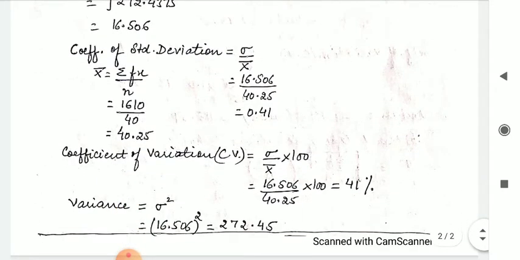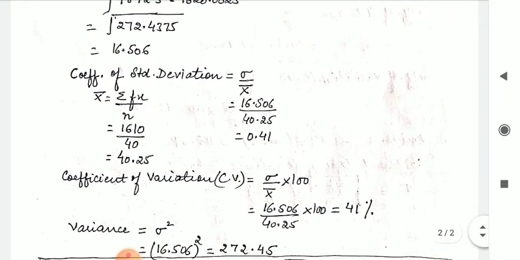Similarly, we can calculate coefficient of variation CV. Standard deviation over mean into 100. Putting the values, we get the answer 41%. Again, we can also calculate variance, which is equal to standard deviation square. So 16.506 whole square, which is equal to 272.45.